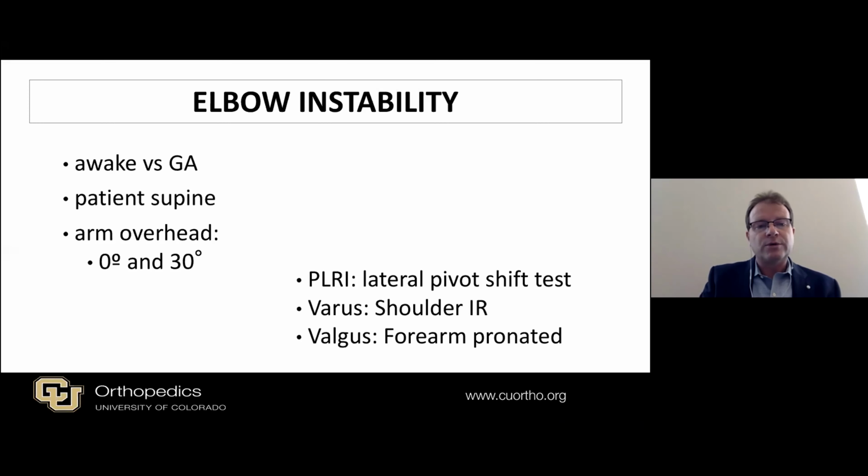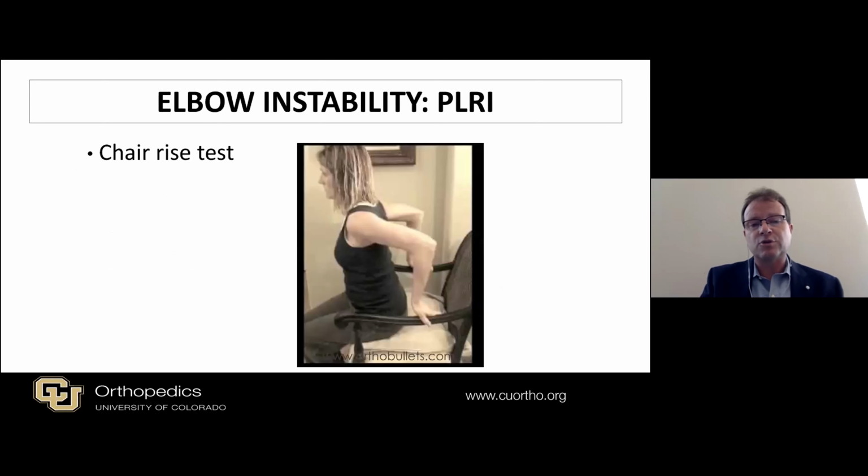And then finally, elbow instability, pivot shift tests. Finding the subtle instabilities is really critical. And sometimes we even have to take these patients and have them under a block or under general anesthesia to relax their muscle resistance.